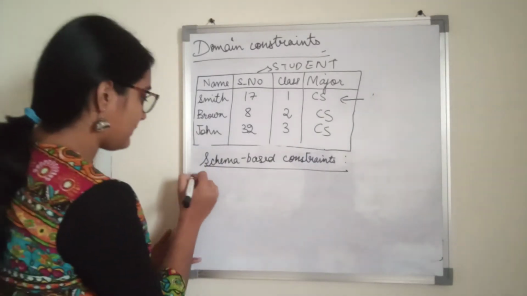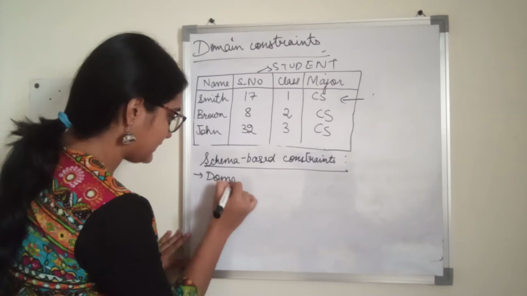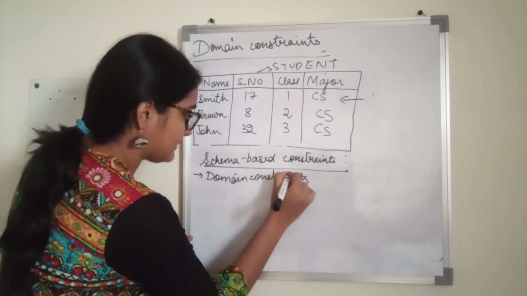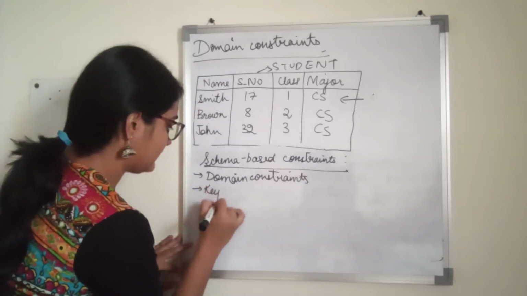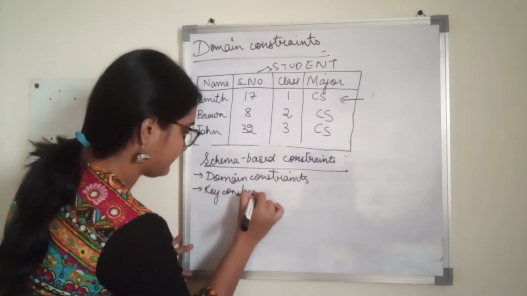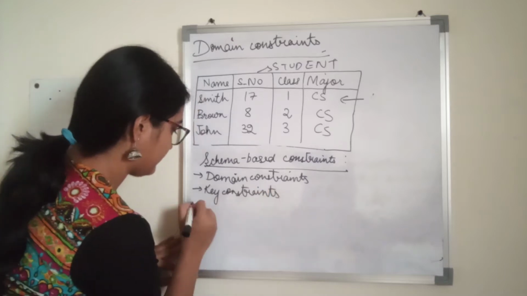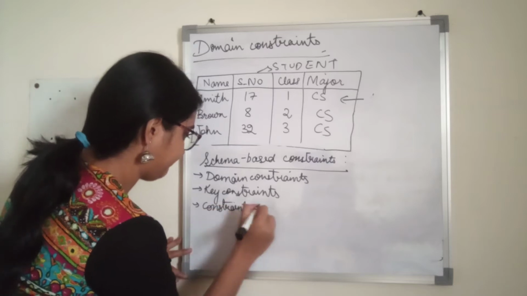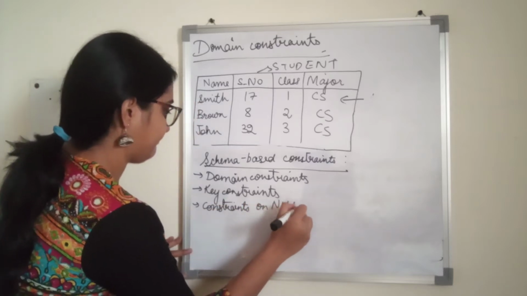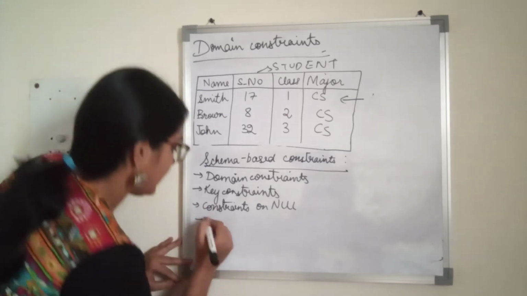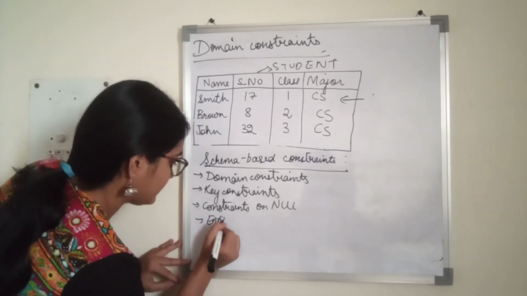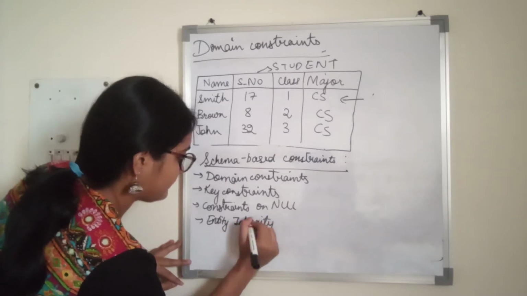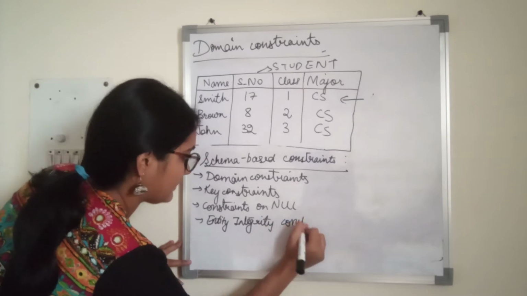So the schema based constraints include domain constraints, key constraints, constraints on nulls, and the other one is entity integrity constraint, and referential integrity constraints. Okay.